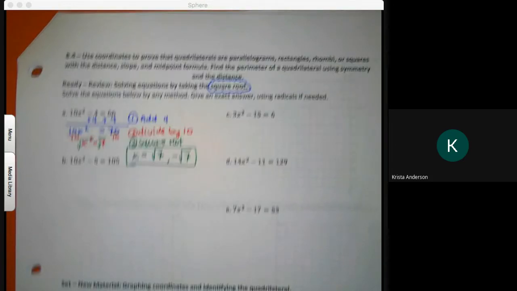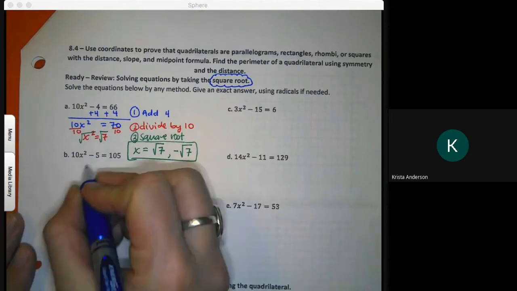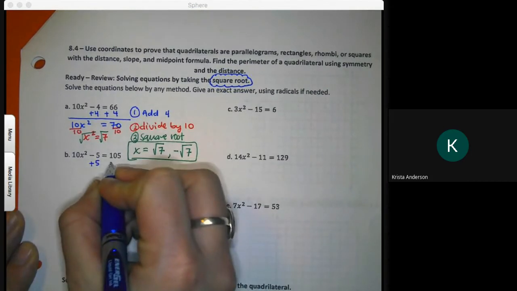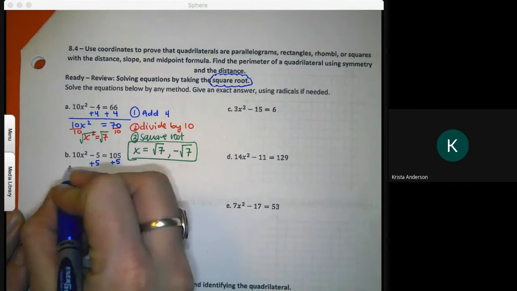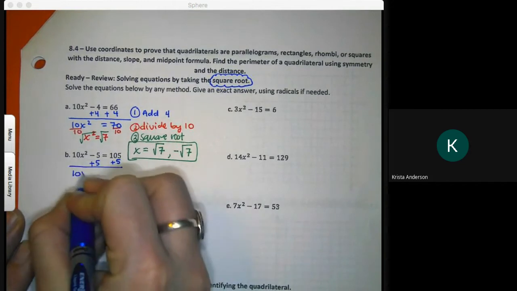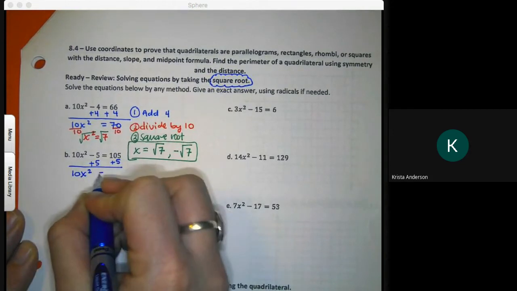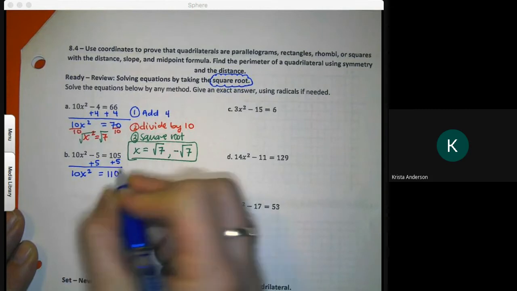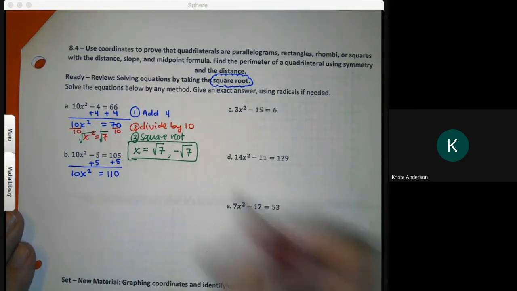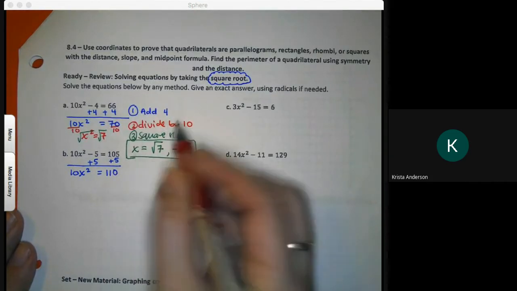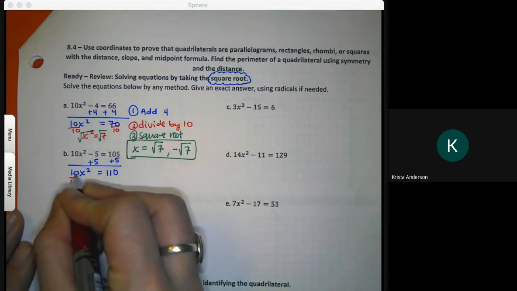Let's try B. I'm going to follow similar steps. Add 5. 10x squared equals 110. My second step is to divide. I divide it by the 10 on the x squared.